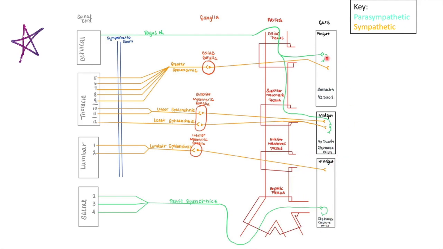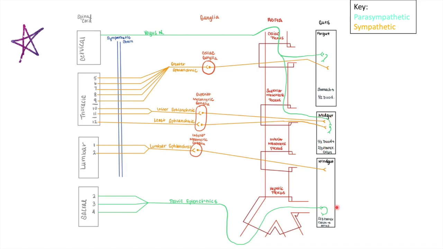So, our vagus nerve is going to synapse in our foregut, as well as the postganglionic nerve coming from our celiac ganglia. The two nerves coming off of our superior mesenteric ganglia, those postganglionic nerves, are going to synapse in the midgut. Remember, the vagus nerve also synapses there.